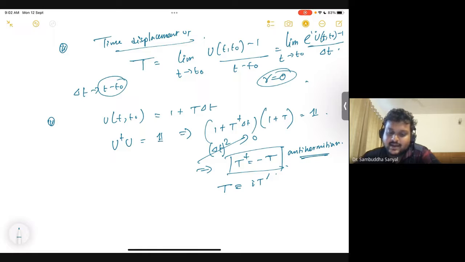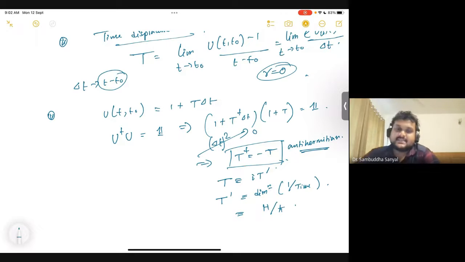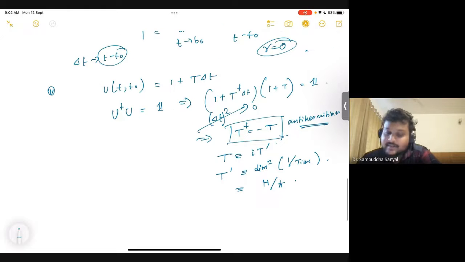Again we can ask what dimension it should have. The dimension of T prime would be 1 by time, and I identify it as energy by h bar, which again comes from Noether's theorem in classical mechanics, that the Hamiltonian, or energy, is the generator of time translation.